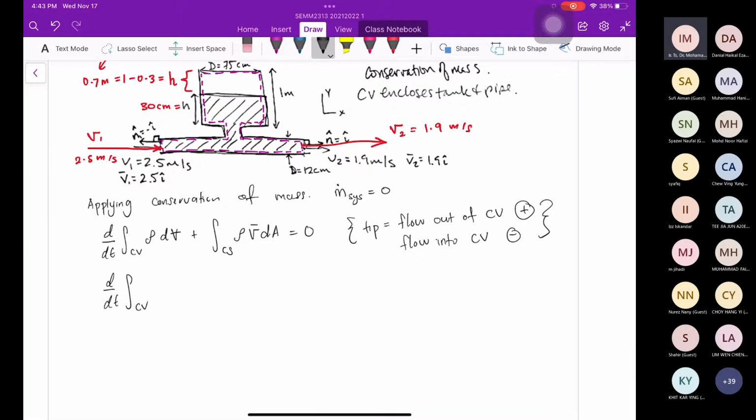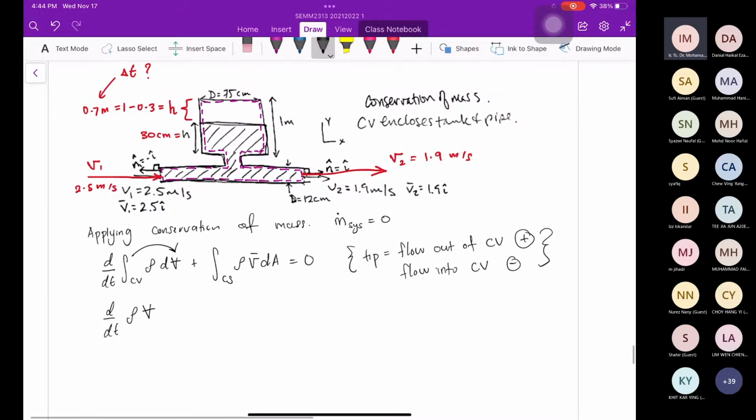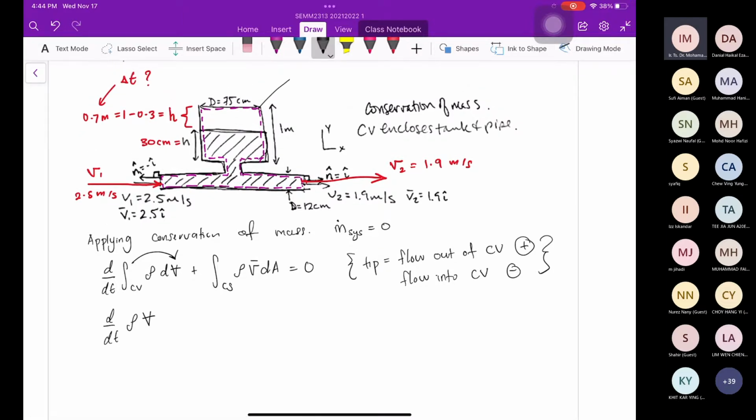You can see I try to integrate this one with this one, and I will get the volume. Differentiation meets with integral and cancels, so it goes with rho times volume. Volume of what? Volume of this control volume.